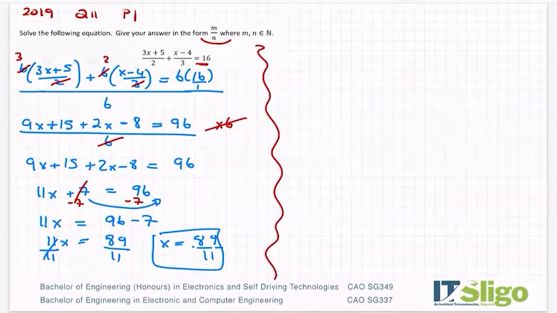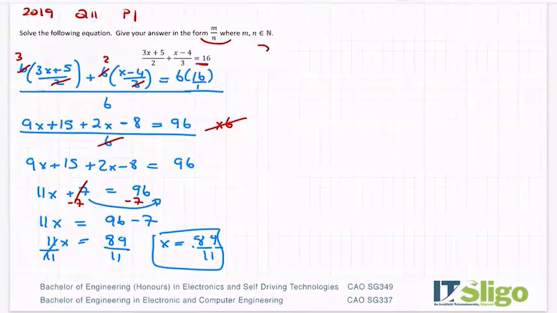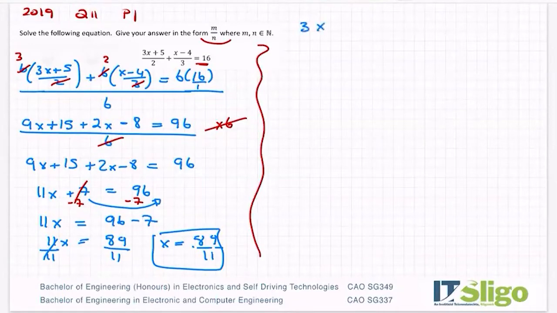Another way that I see it done is the following. So, sorry, just clean my pen. Okay, so (3x + 5)/2 + (x - 4)/3 is equal to 16.